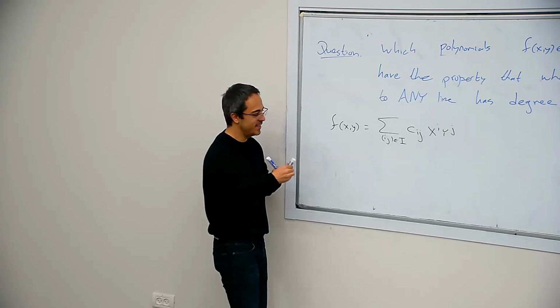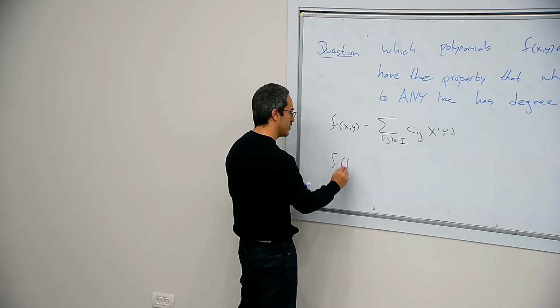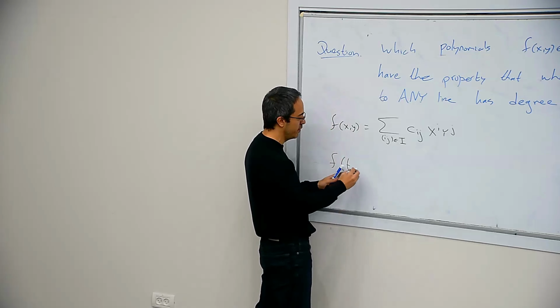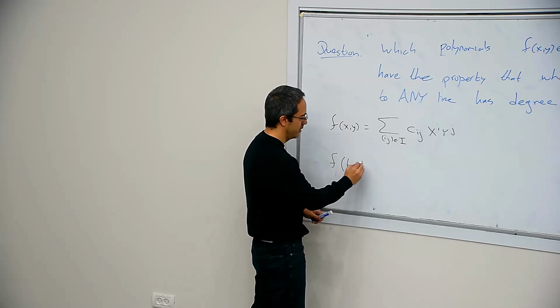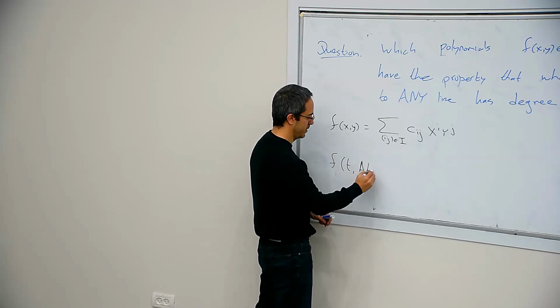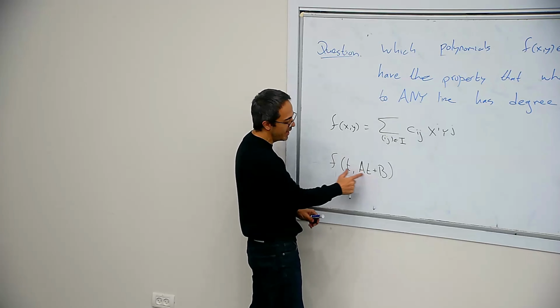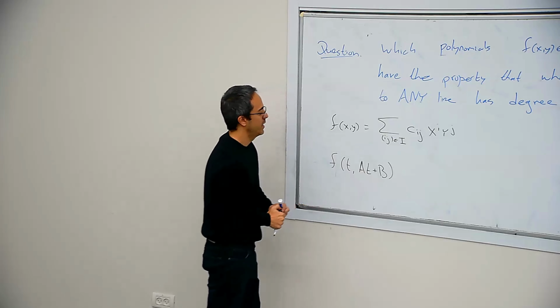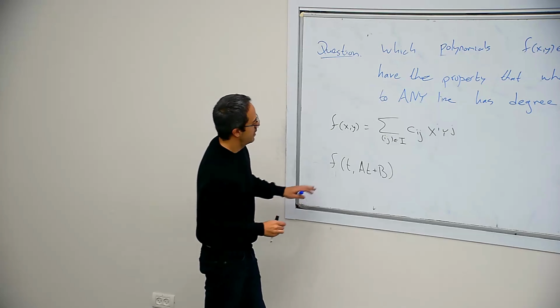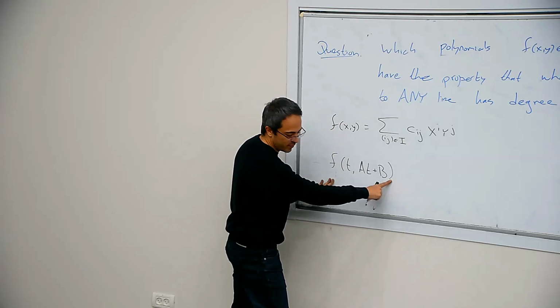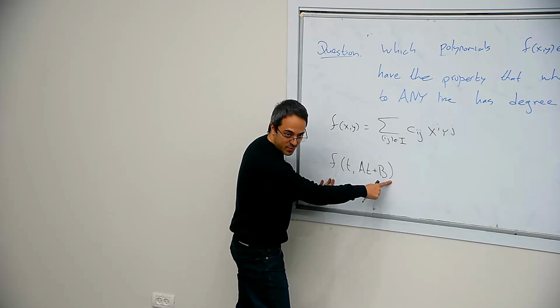So the test is, for any line, and just because it's late, let me do it only for non-vertical lines, excluding the vertical line, it doesn't even matter. It's just because I'm lazy at this point. So that's a line. You choose a non-zero and b. And I want this as a polynomial in t to have degree at most Q minus 2.